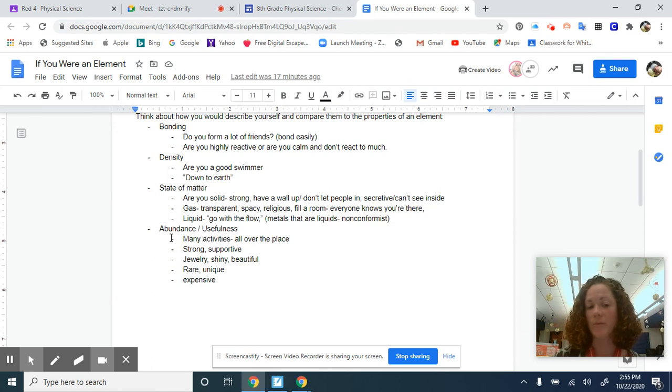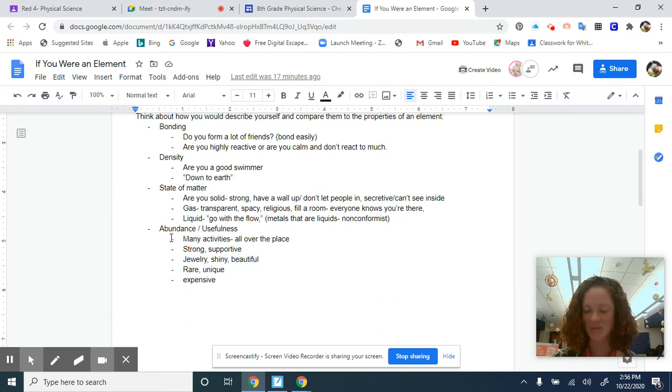Maybe you would describe yourself as beautiful or shiny, bright. So those would be good transition metals. Your transition metals are gold and silver and platinum. Maybe you feel like you're rare or unique. So you could look for, again, that would go with abundance, something that is not very abundant, it's hard to find.